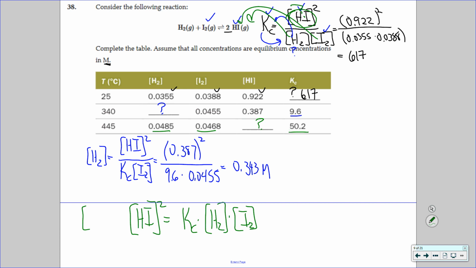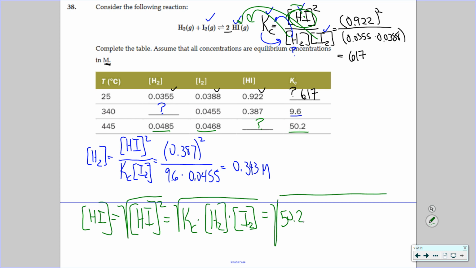So how would I get rid of the squared? Square root of both sides. If I take the square root of both sides, the square root of HI squared is just equal to the concentration of HI. So now I just need to plug the numbers in on the right-hand side. K sub C is 50.2. The concentration of the hydrogen is 0.0485. The concentration of the I2 is 0.0468.